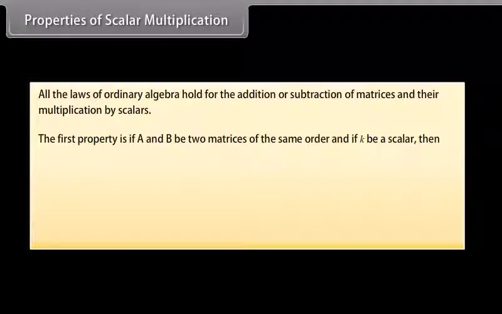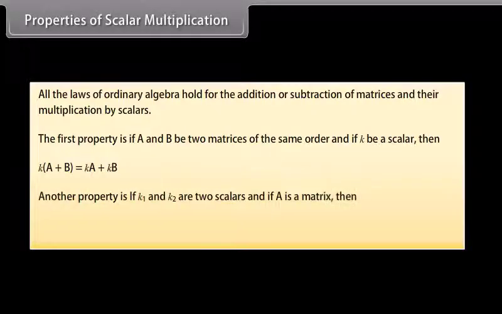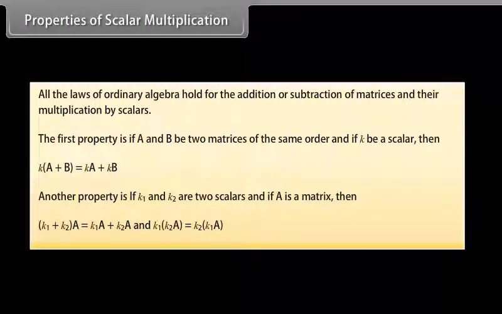The first property is, if A and B are two matrices of the same order and if K is a scalar, then K times (A plus B) is equal to K times A plus K times B. Another property is, if K1 and K2 are two scalars and if A is a matrix, then (K1 plus K2) times A is equal to K1 times A plus K2 times A, and K1 times (K2 A) is equal to K2 times (K1 A).